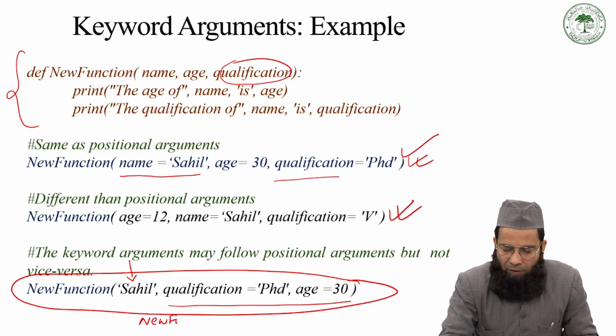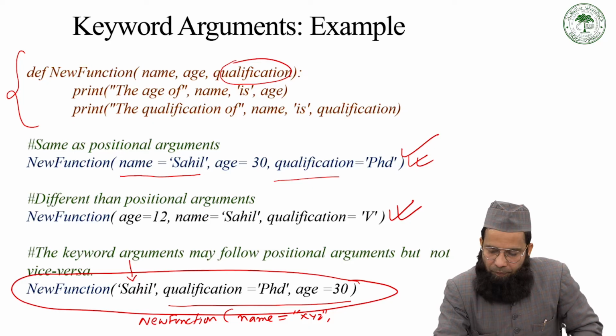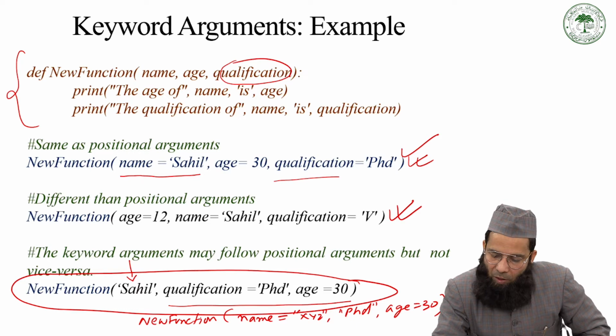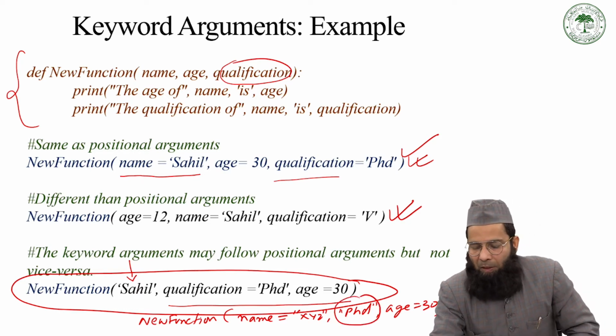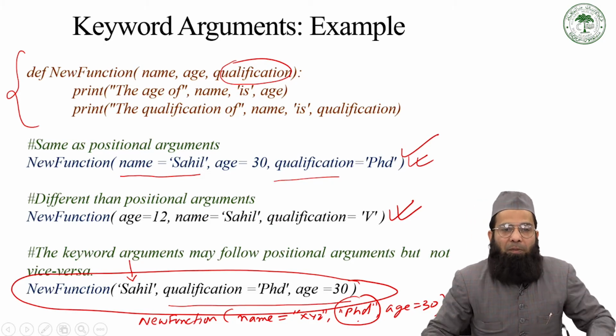New function, and name is equal to xyz, let's say xyz, then suppose PhD, and then age is equal to 30. This is not a valid statement since the positional argument is coming after the keyword argument. So, this is not a valid statement in Python.